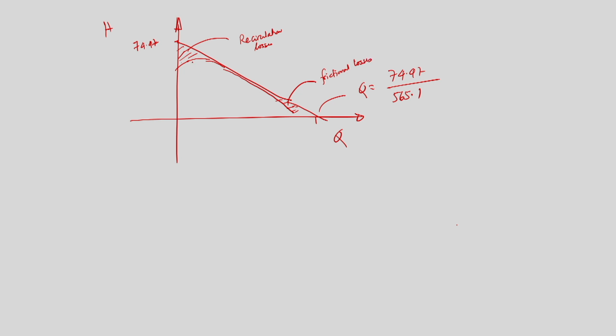So the actual curve that I would expect looks like this. If we draw the H-Q curve following the relationship that we have established, that will be a straight line, but the actual curve will look like this, because we need to take into account the recirculation losses on the suction side and the frictional losses on the delivery side.